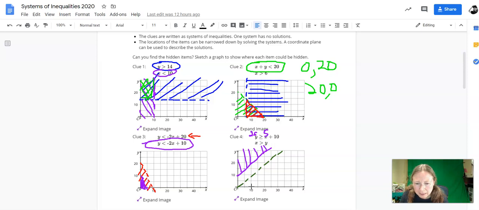So let's look at here, which is (10, 0). If x is 10 and y is 0, 10 is greater than y, so this is the solution set for that inequality. This is a unique situation because in this one, there's no overlapping region for these two inequalities. They're parallel lines, and their solution sets are on opposite sides of those parallel lines. So this is one situation where you can say no solution.